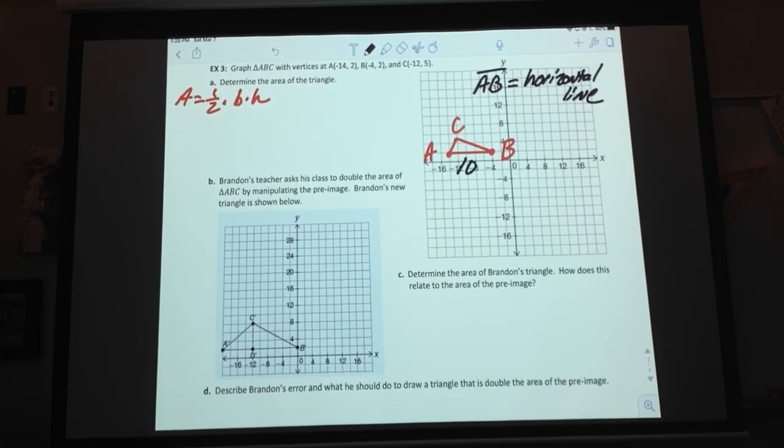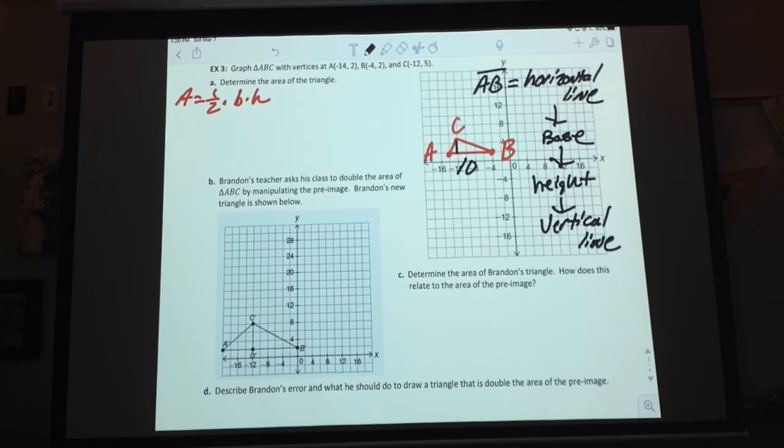So that's countable. Well, the next thing I know is that if AB is my base, then my height can come out of vertex C. My height can be a vertical line out of vertex C straight down to AB.